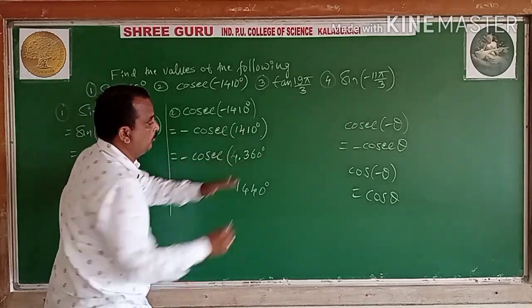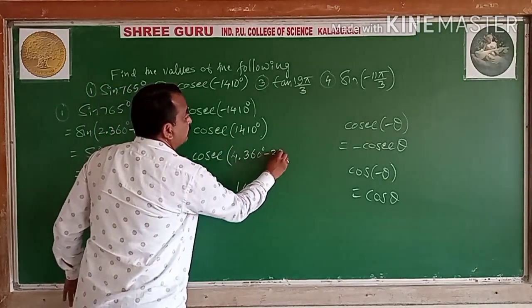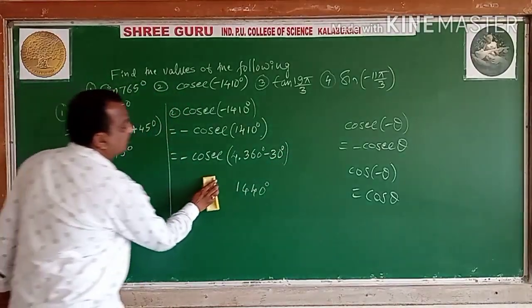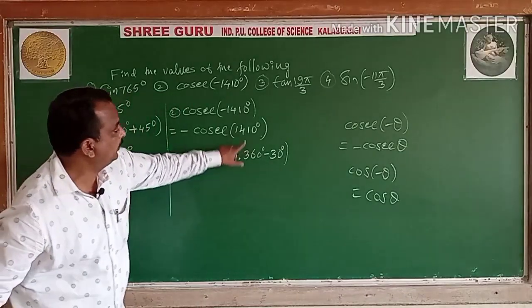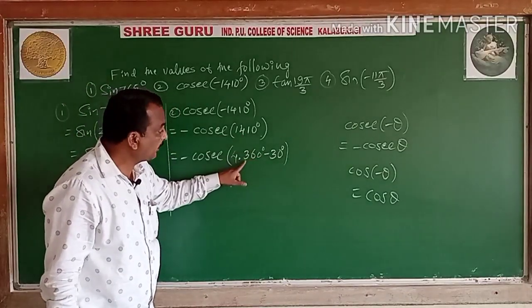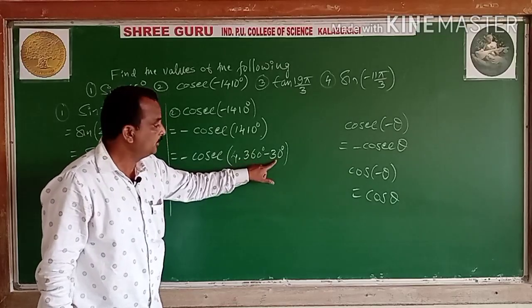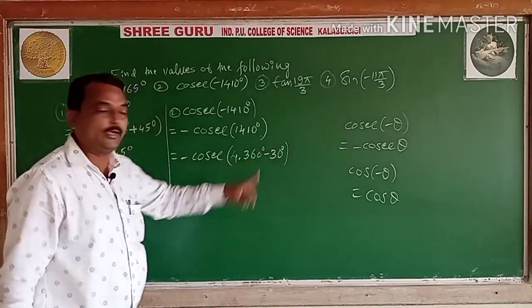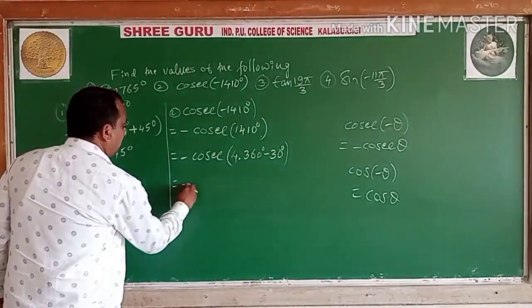So that excess, how much is that excess degree? That should be a standard angle. That is 30 degree. Minus of 30 degree, it becomes 1440. You want to calculate 1410 degree, so you have to subtract from this 30 degree. This you know. You have to calculate in terms of standard angles. You will get the values. So minus as it is.